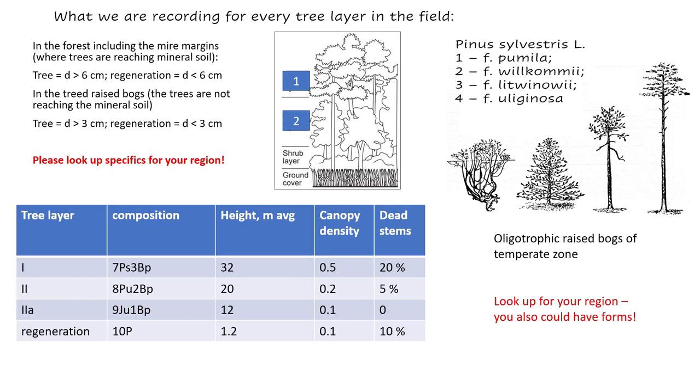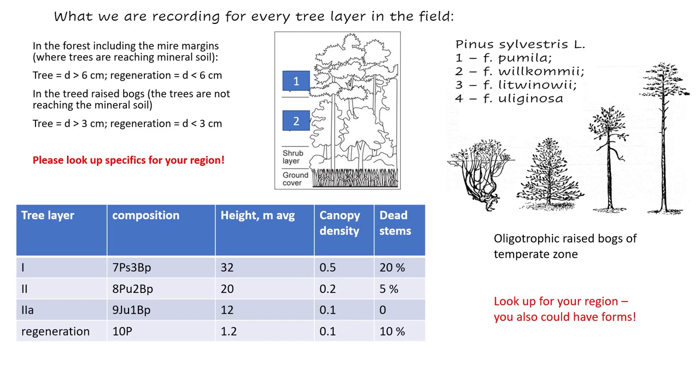However, within a peatland, depending on the conditions, on how deep the peat is and how long this pine population has been isolated from the mineral soil, you can designate the forms.